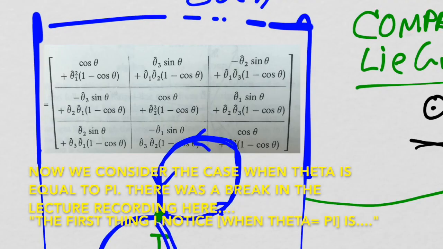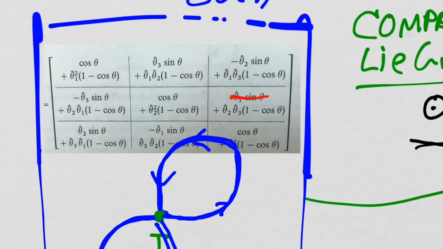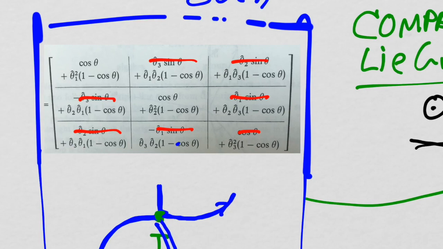What I notice is that the sine thetas are all 0, right? So all of these sine theta terms go away, just like they did when we took zeros for all the parameters. So all the sine terms go away. But that's not true of the cosine terms.